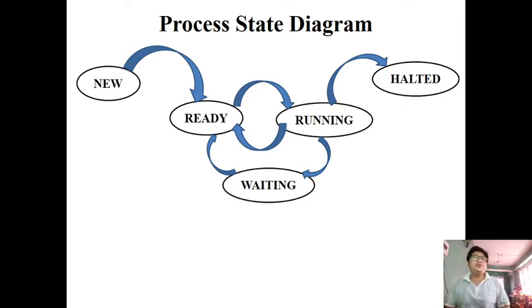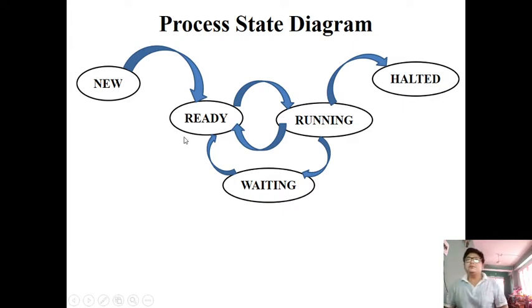There are basically two different kinds of jobs: the CPU bound job and the IO bound job. From the running state and the waiting state, you have easily understood that in the running state we perform CPU activity, and in the waiting state we perform IO activity. So there are two different kinds of jobs: IO bound and CPU bound.